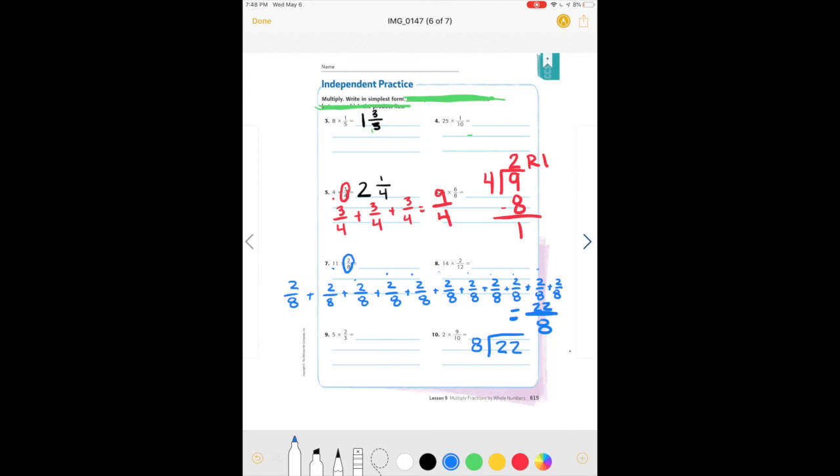I can't go all the way to 24, so I have to stop at 16, which is 2. 2 times 8 is 16. 22 minus 16 is 6. So I have a remainder of 6. My quotient becomes my whole number. My remainder becomes my numerator. And my divisor becomes my denominator. So your final answer is 2 6/8.